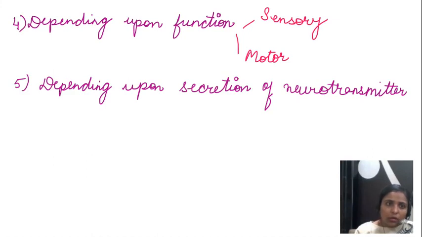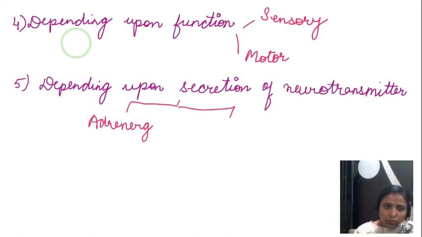Then again it will classify into two types, that is adrenergic and cholinergic, right?